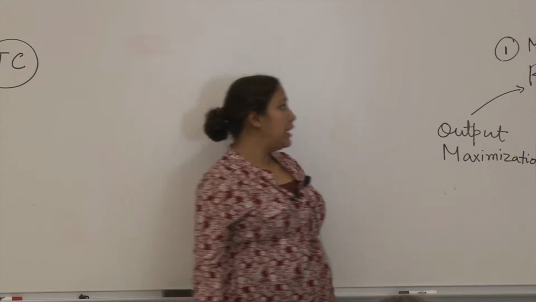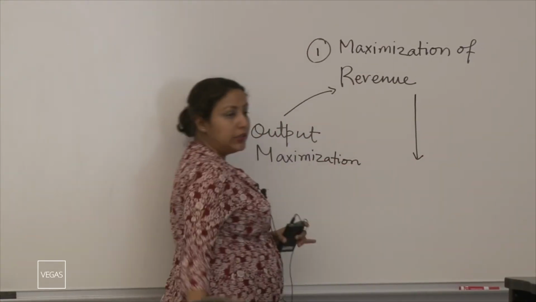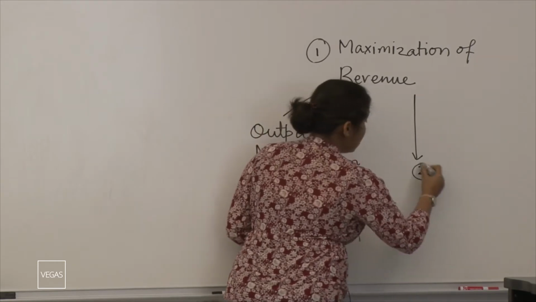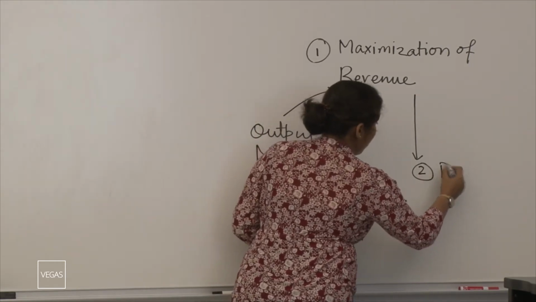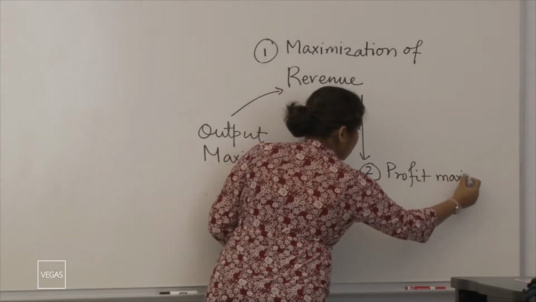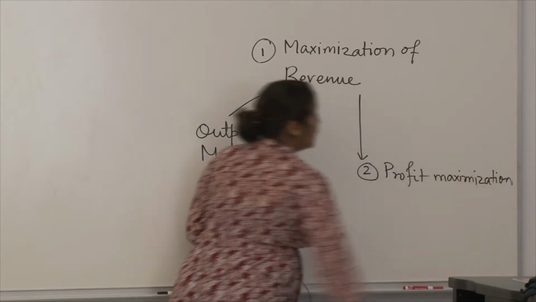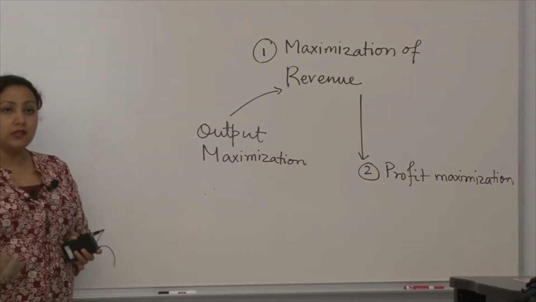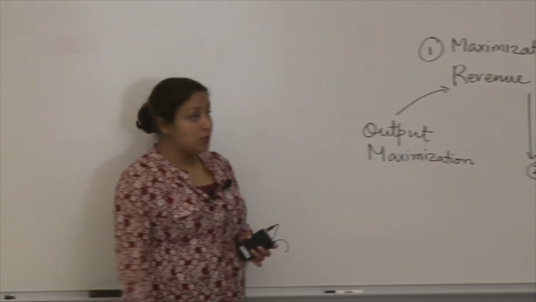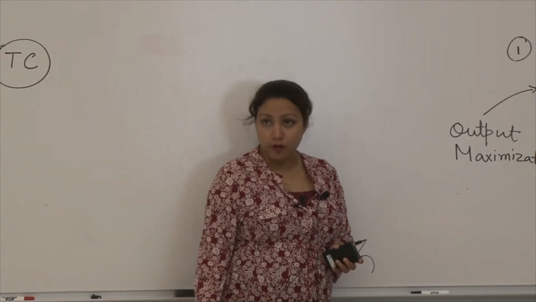And if a business ends up maximizing its revenue, then usually it is able to maximize its profit. So profit maximization. But even if a business is able to maximize its revenue, it may not always be able to maximize profit.